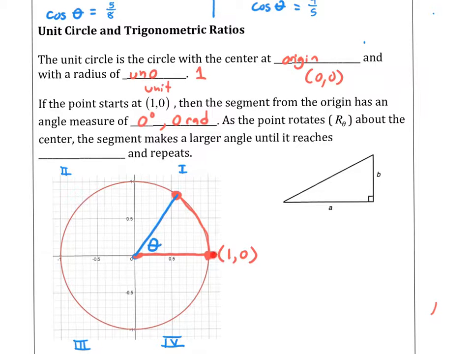It's almost like as the point rotates, this segment just opens up, or the angle opens up. So the segment makes a larger angle until it reaches all the way around, and then it just repeats. So when it reaches 360 degrees, or 2 pi radians, as that point goes around, it'll just repeat all over again.